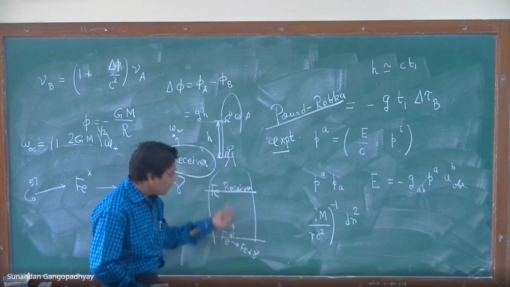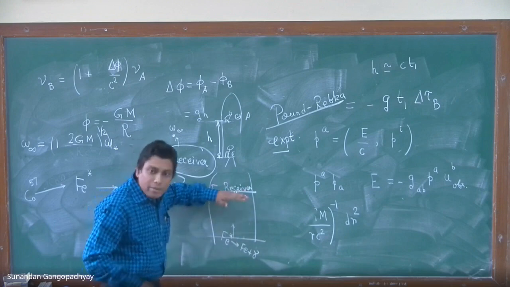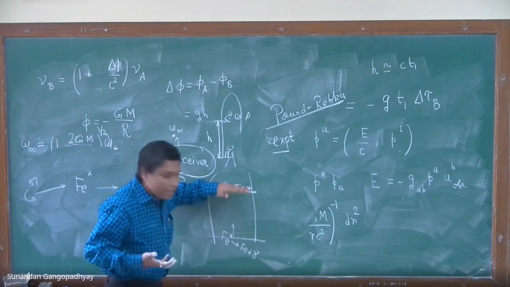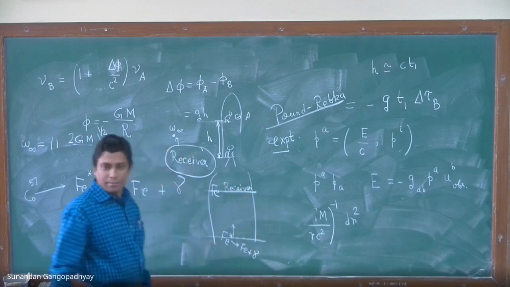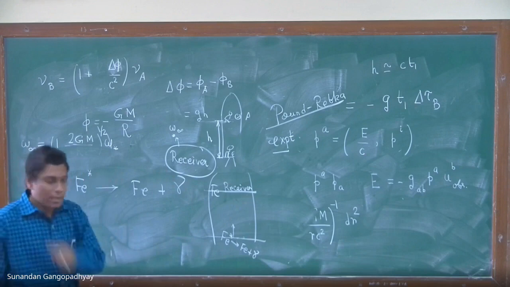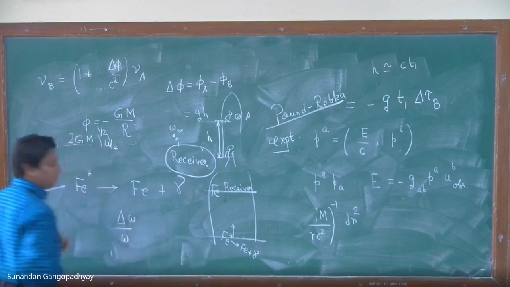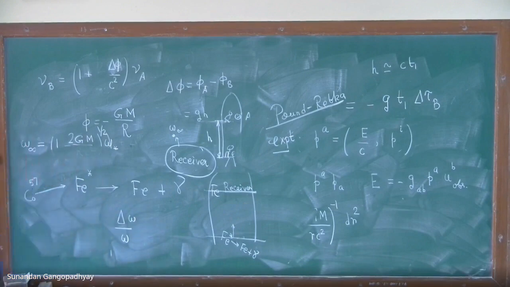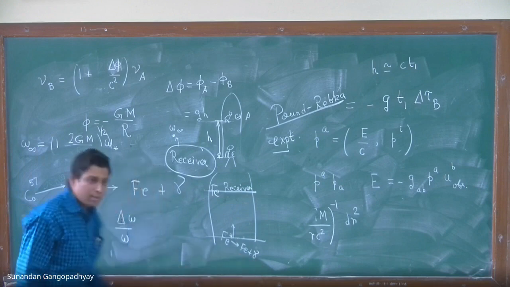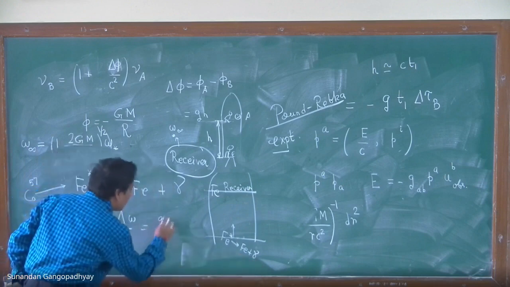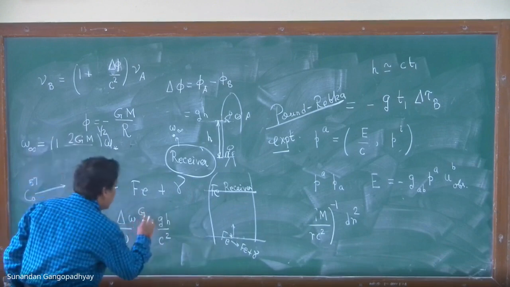The signal is getting reduced because of gravitational time dilation, so if you give a compensating blue shift, then resonance should occur, right? So what is delta omega by omega? The change in frequency of this gamma by omega must be this factor g h by c squared, and this is the gravitational redshift.